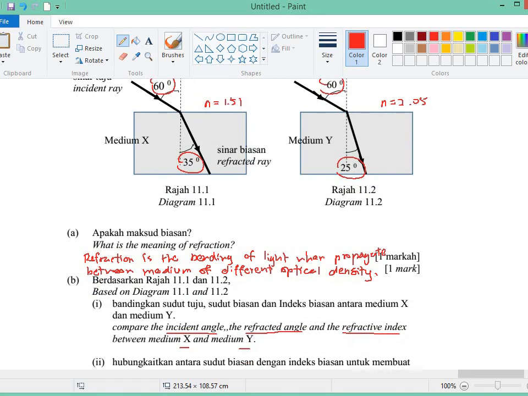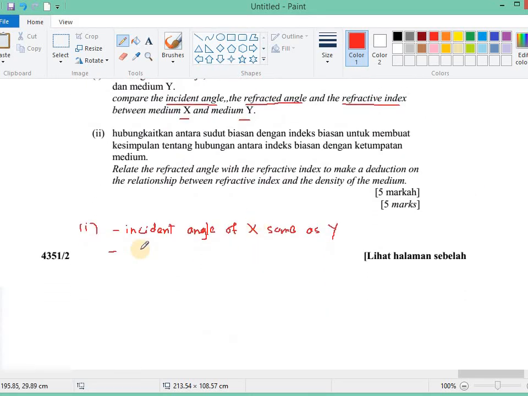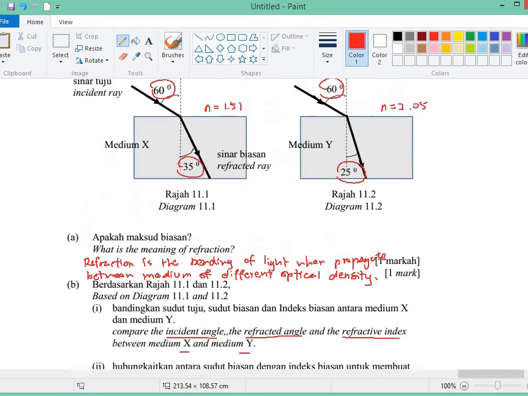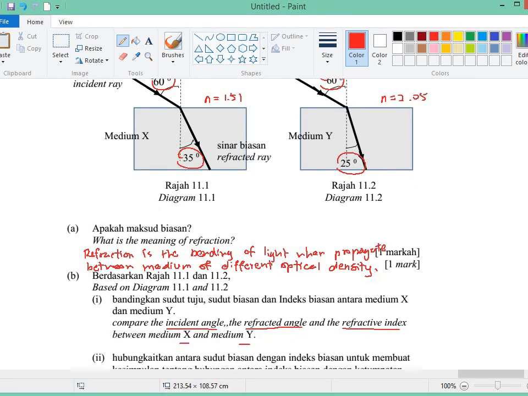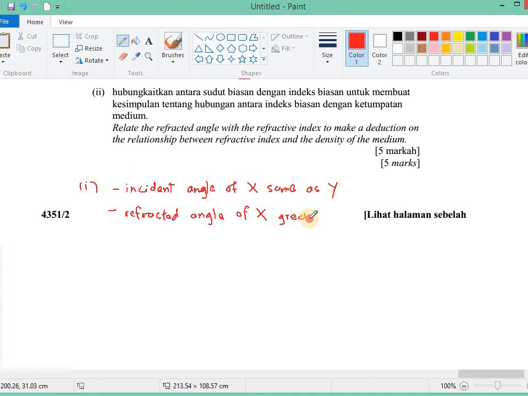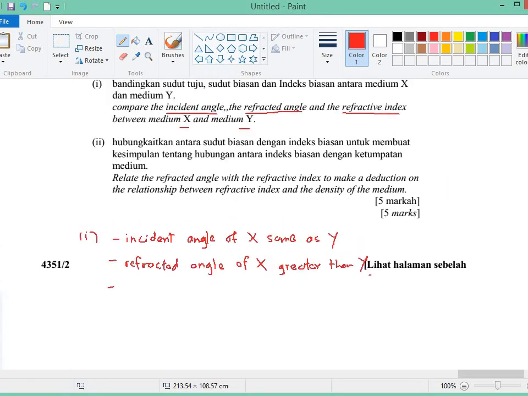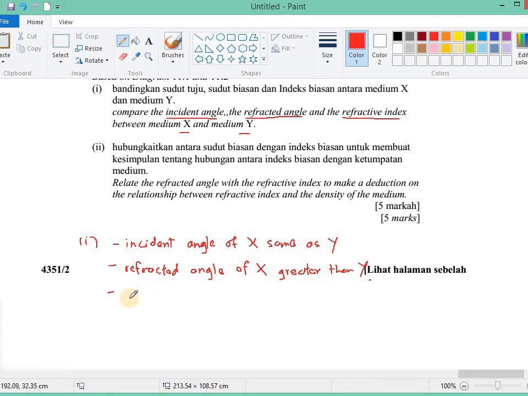So X is bigger than Y. So the refracted angle of X is greater than Y. And then the third one is you want to compare the refractive index.